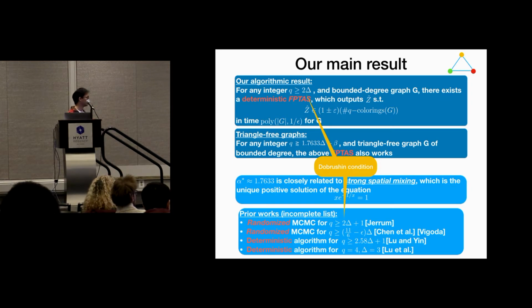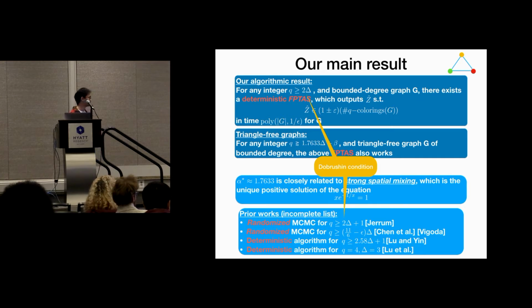And by a comparison technique with a different Markov chain, and more recently by Chen et al., they can show something like 11 over 6 minus epsilon times delta suffices. This is slightly better than 2.